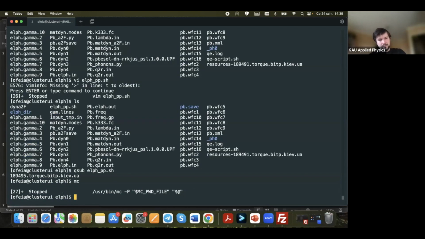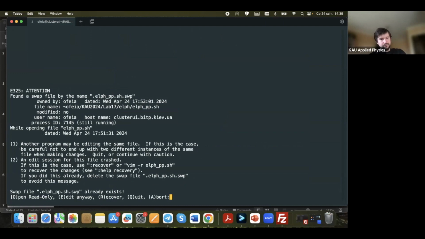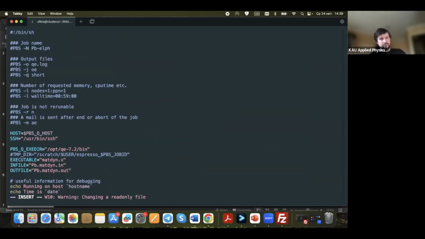So we can slightly check the input. Here, just in the name, I just change the name to A to F, and here A to F. The only thing I had to change, in file and out file. The executable is matdyn.x. It doesn't change.